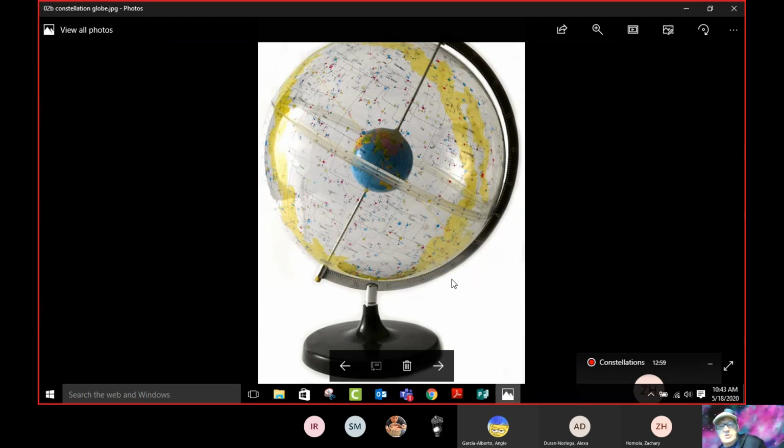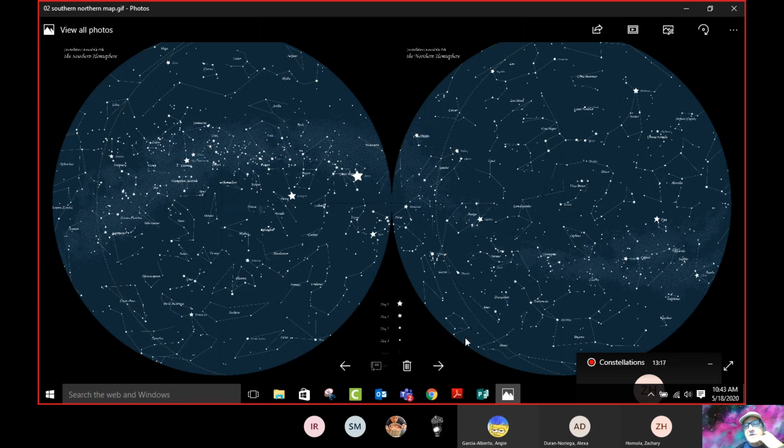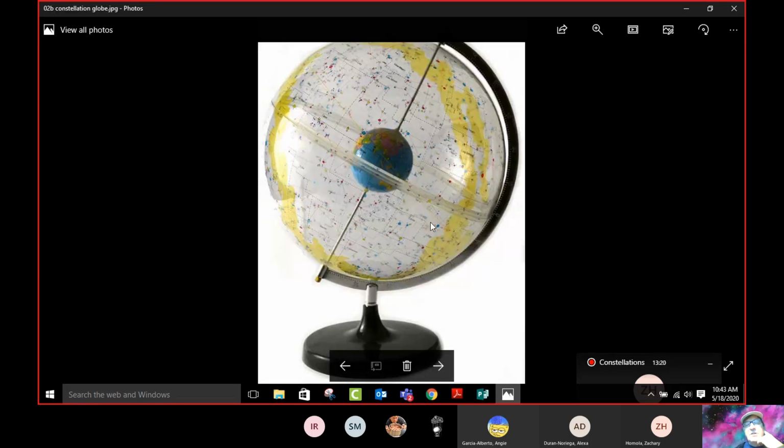Now let's think about the constellations in 3 dimensions. So here's the Earth surrounded by stars in all directions. And so this globe is kind of demonstrating where the constellations would be. In a way, it's better than a map like this one because this is flat. But this one, we can see that this spherical shape and what's going on here. So here's the celestial equator, right? An extension into space of the Earth's equator.